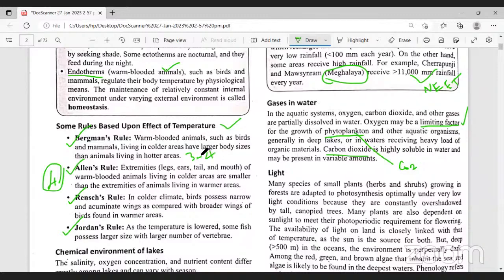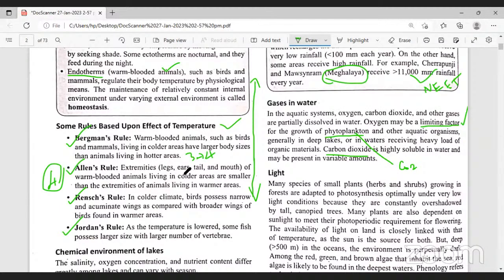Imagine 3 to 4 inches of fat deposited in the skin. Only then does it protect them in the colder area.